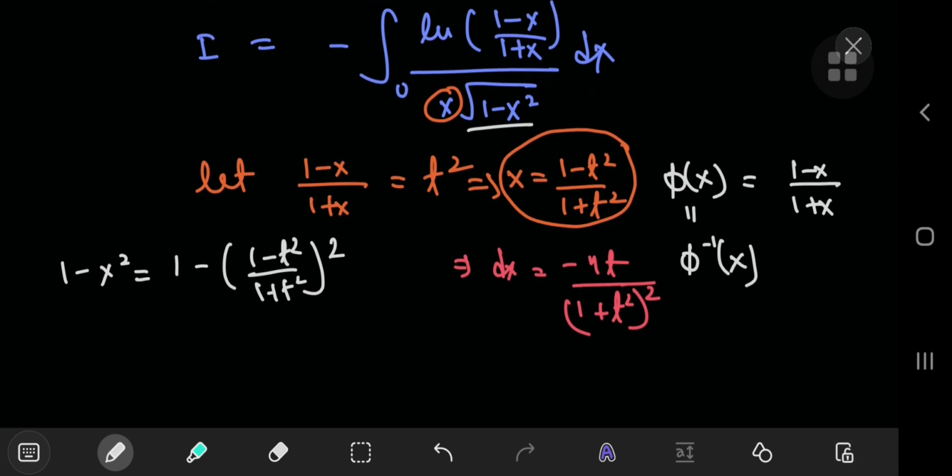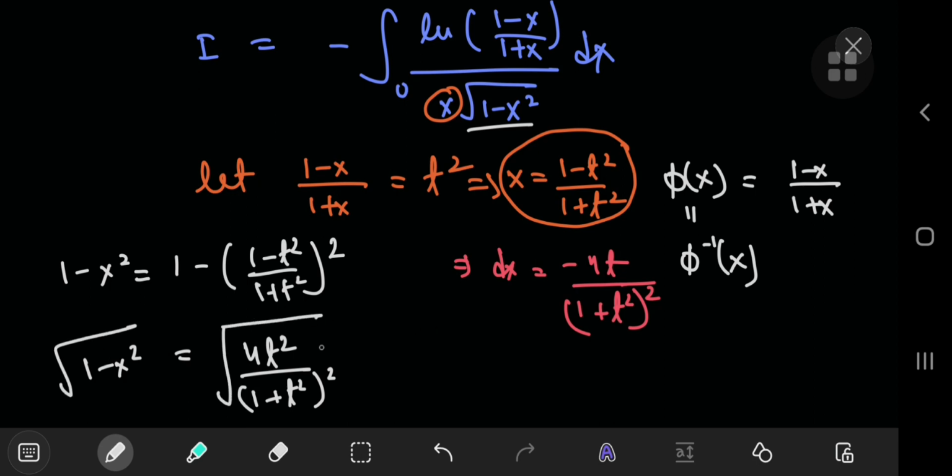And this works out quite nicely to 4t squared divided by 1 plus t squared squared. And this may seem a bit daunting again, but because of the square root, our lives are once again much easier. We have 2 times t divided by 1 plus t squared.